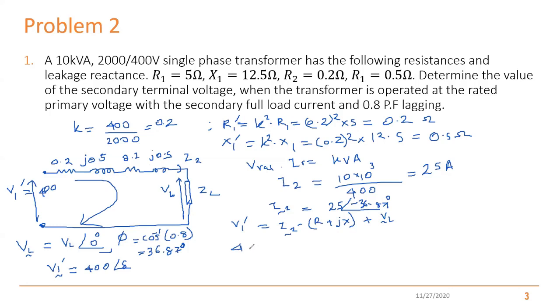So 400 angle delta equals 25 angle minus 36.87 times the total impedance. Total resistance here is 0.2 plus 0.2, that is 0.4, plus j(0.5 plus 0.5), that is j1.